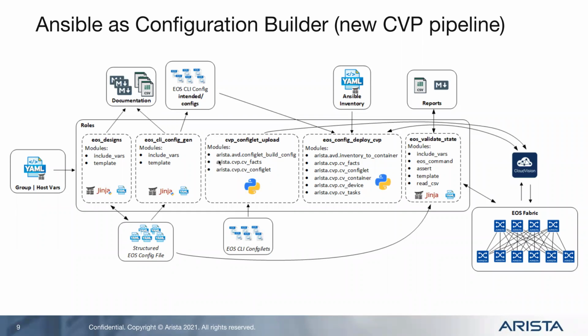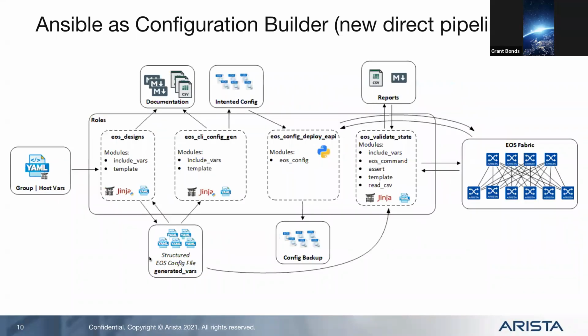With that, we'll then upload configlets to CloudVision based on what we've generated, and then we'll do the actual deployment, followed by post-deployment verification. And we can also give you reports on that as well in formats of your choice. So for customers who need Markdown or CSV for artifacts or change control, they can do that. And then this can be all one playbook. We'll dive more into the tasks and individual roles later, as well as some of the config file dynamics. Grant, you had questions yesterday about how we can do dynamic data structures. This will get into some of that.